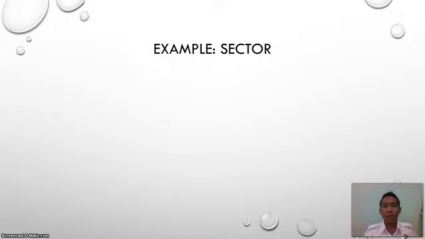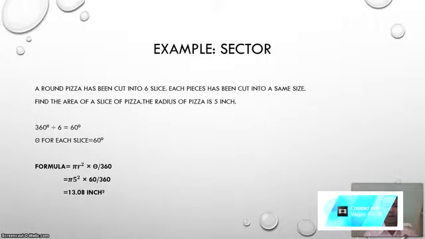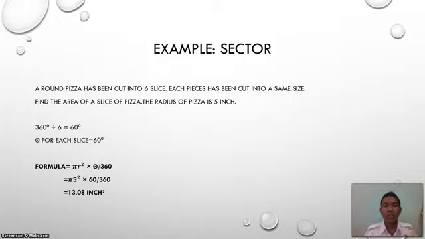The example of sector: a round pizza has been cut into 6 slices. Each piece has been cut into the same size. Find the area of a slice of pizza. The radius of pizza is 5 inch. So based on this question, when pizza is cut into 6 slices of the same size, the full angle for a round pizza is 360 degree, right?